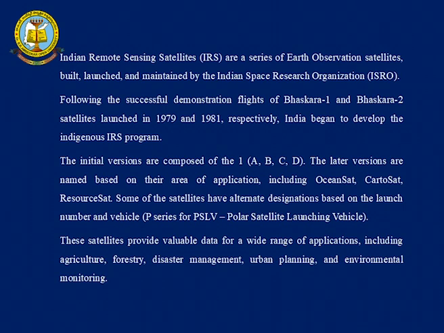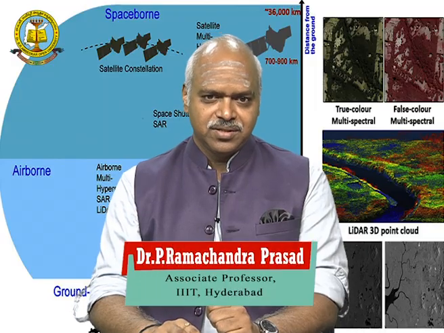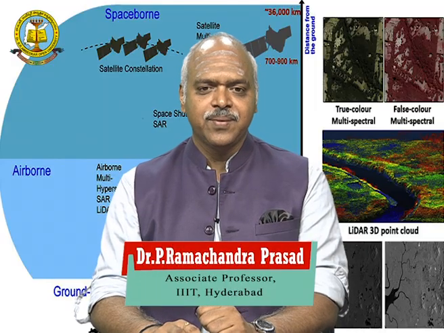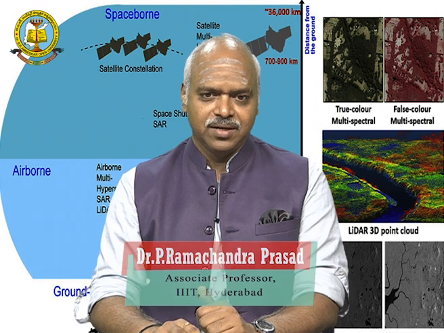Later on, they started naming the satellites based upon their applications, like Cartosat for large scale mapping, ResourceSat for natural resource mapping, OceanSat for the ocean surface, etc. And finally, they also have names based upon the platforms. If it is a polar satellite, they call it a PSLV. If it is a geostationary satellite, they call it a GSLV, the satellite launching vehicles.